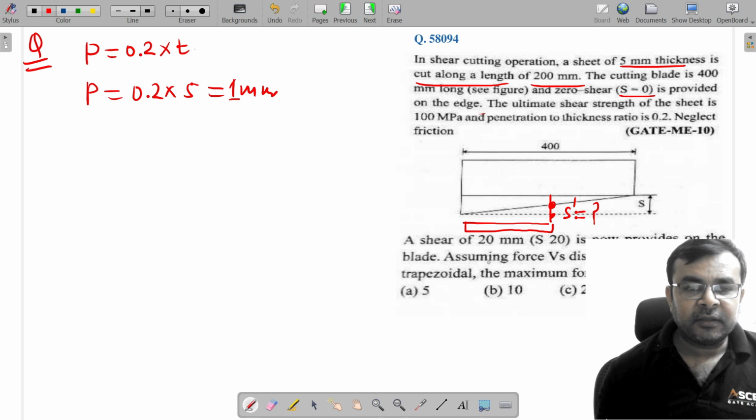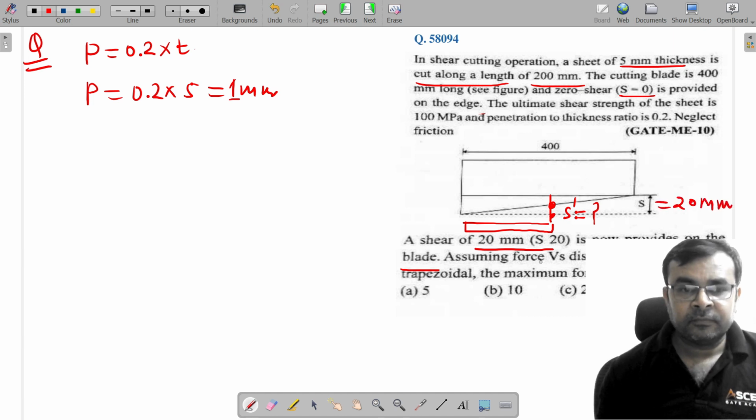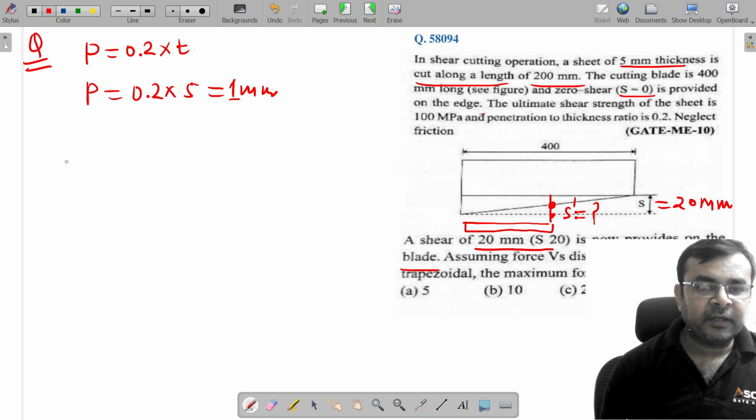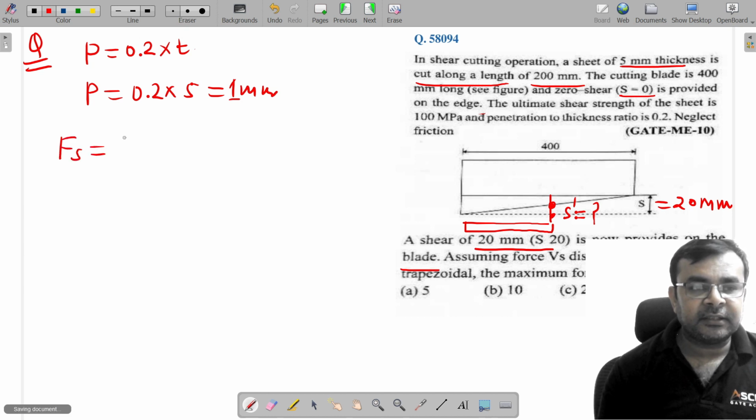So what we need to calculate: a shear of 20 mm is now provided on the blade. Assuming force versus displacement curve to be trapezoidal, the maximum force required. So obviously when we have a sheared punch, then the force required for shearing is nothing but tau s into shear area.